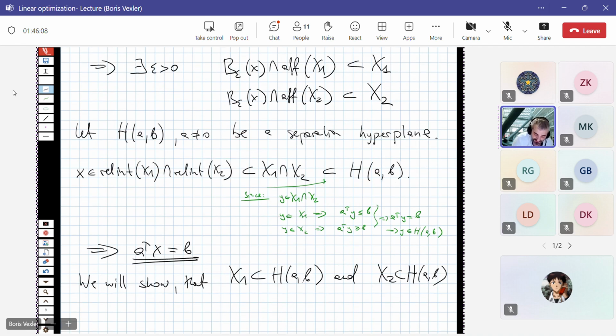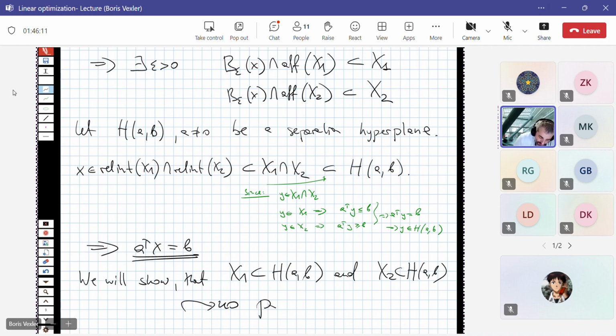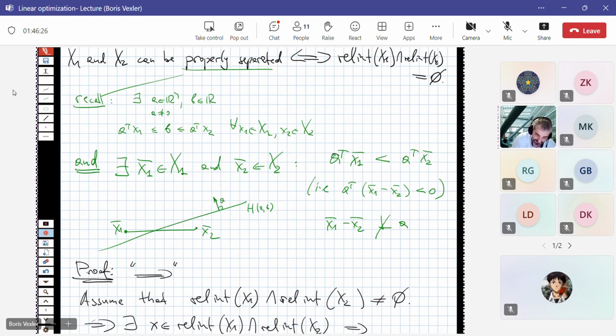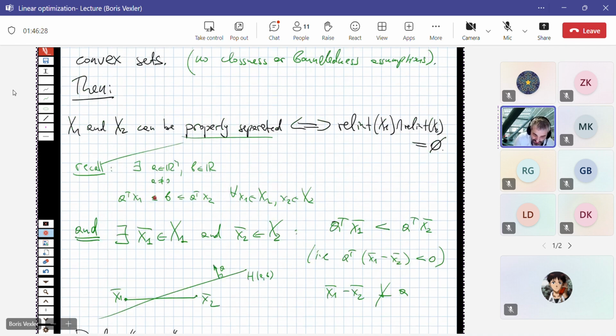And what does it mean? This means no proper separation. Since if x1 is a subset of the separation plane and x2 is a subset of the separation plane, then for every point you will always have equality here, and also equality here, and therefore you will have no proper separation.